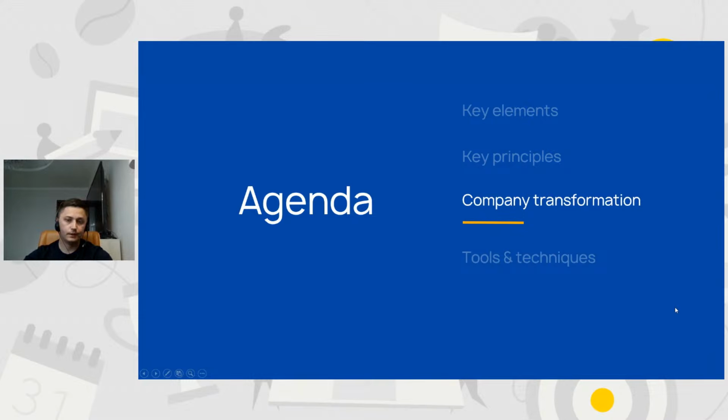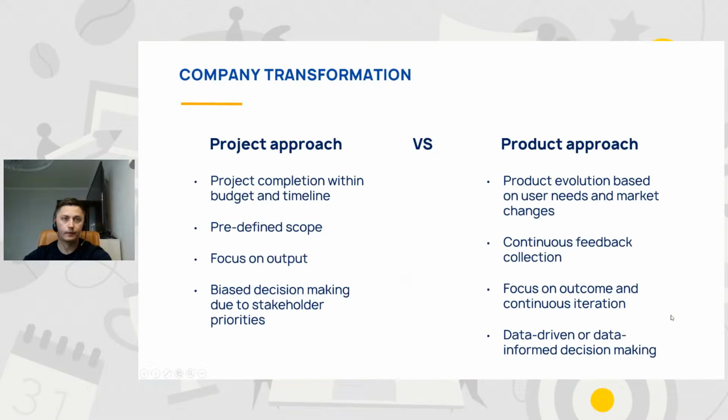So, proceeding with the company transformation, what you should consider. We forget about the budget and timelines, and we evolve our product based on user needs and market changes. We no longer have a predefined scope. We continuously collect feedback from the users, and based on this feedback, we identify problems, and then we design solutions that will address these problems.